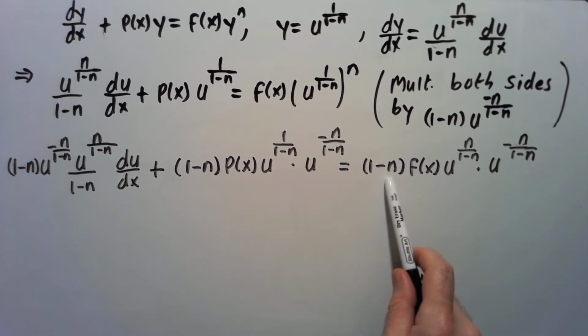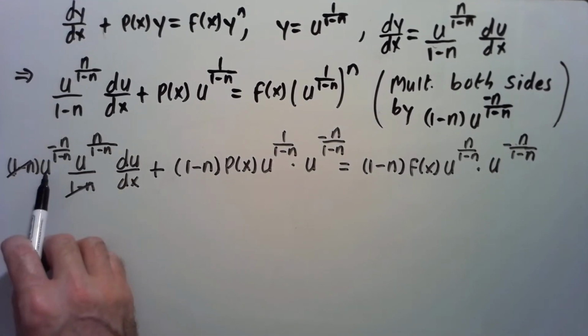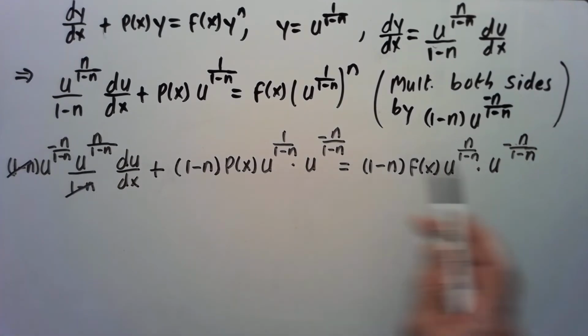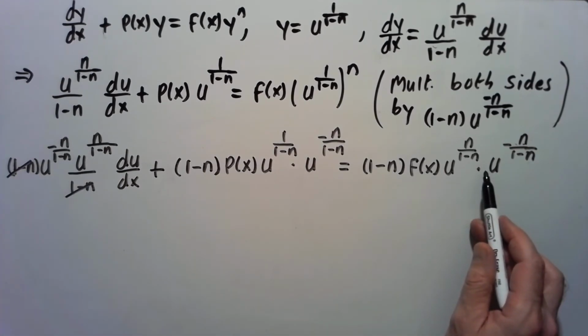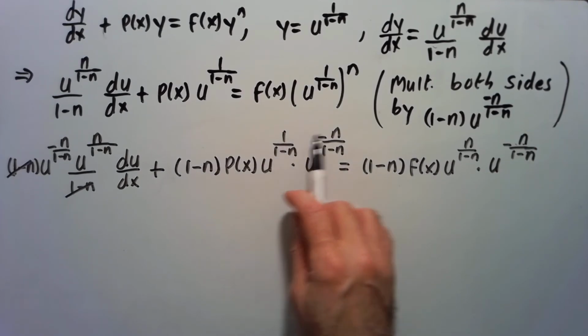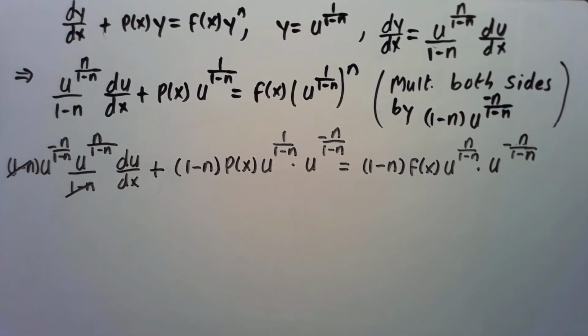We got the 1 minus n in front here. So simplifying this, well, these cross off here. And when you add those exponents, there's going to be u to the 0, which is 1. That's going to be u to the 0 also over here. And adding the exponents here will be 1 minus n or 1 minus n, so it's just going to be u to the 1. Let me write that down here.